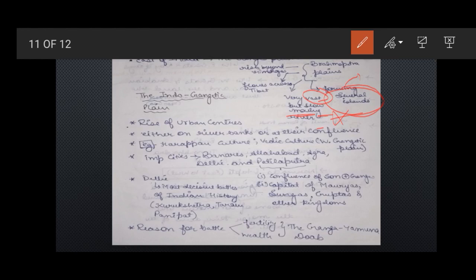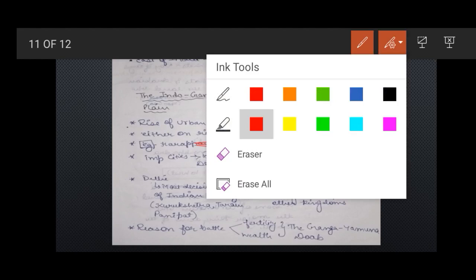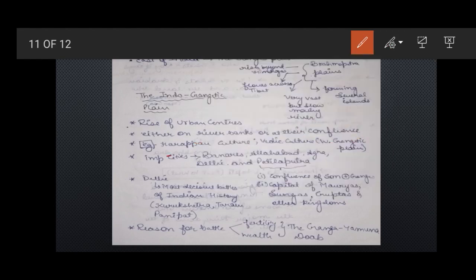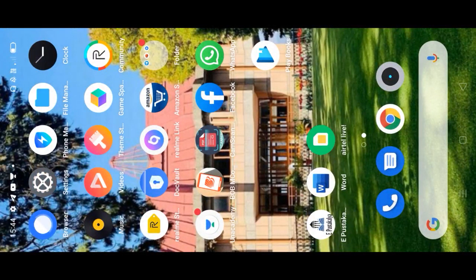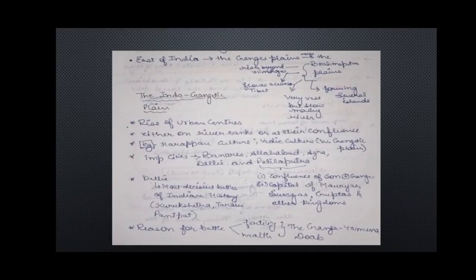Now, the Indo-Gangetic Plains also form various urban centers, which are present either on the river banks or at their confluence. Examples are the Harappan cultures as well as Vedic cultures, which are present in the West Gangetic Plains.